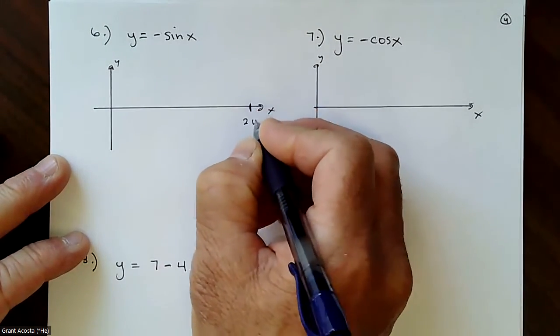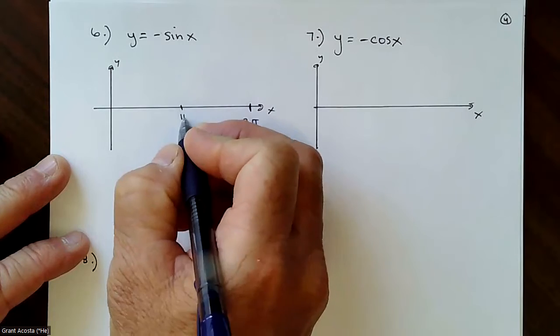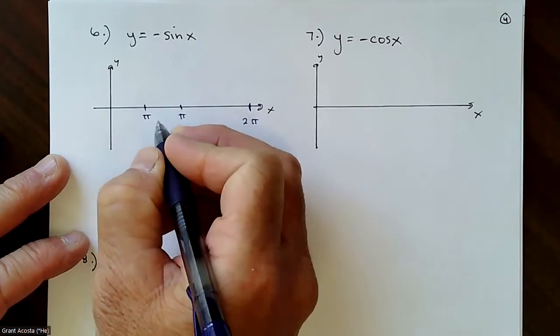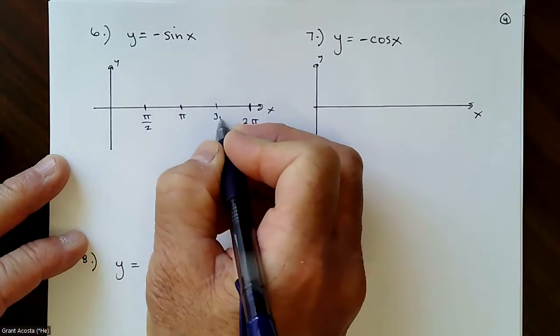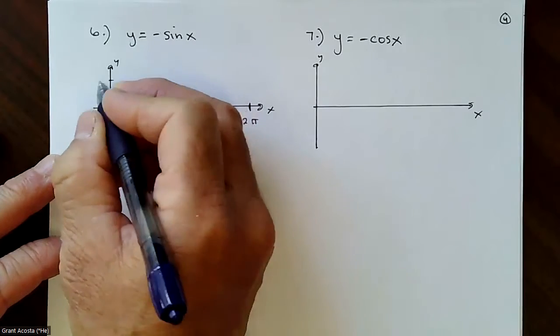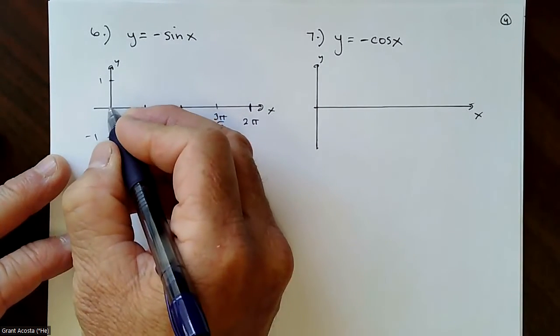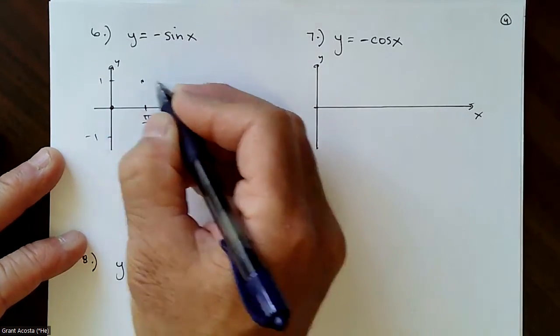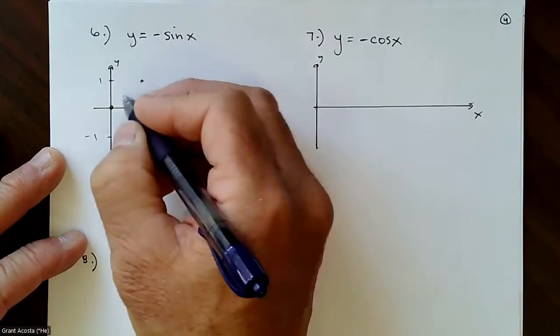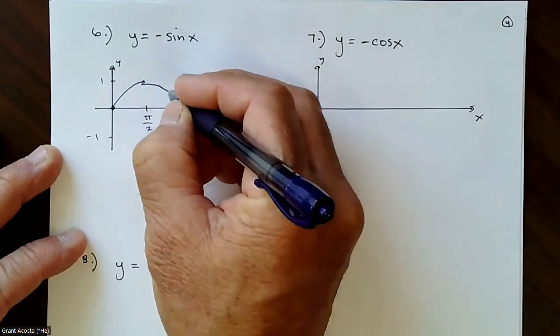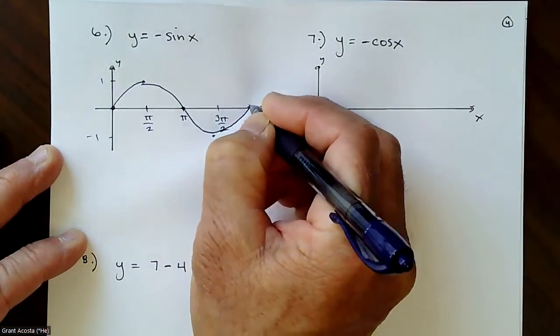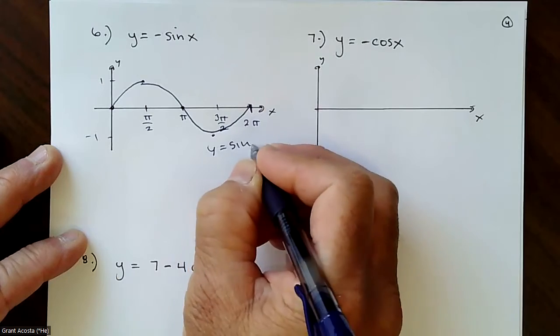But it helps to kind of see one first. So let's graph a regular sine graph, and then we'll graph the negative of it. 1, negative 1. So a regular sine graph would start at the middle, high, middle, low, middle. This is regular sine.